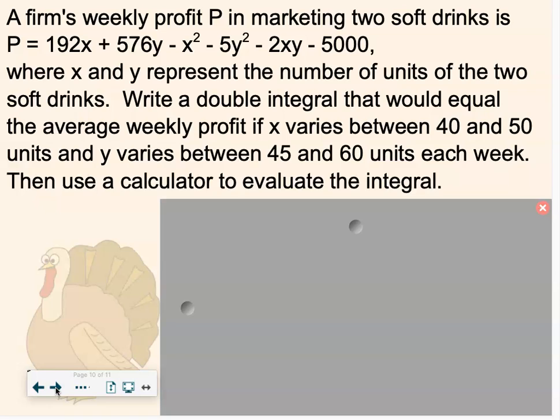Write a double integral that would equal the average weekly profit, right? So P is your weekly profit. We want to find the average weekly profit if X varies between 40 and 50 and Y varies between 45 and 60. So go ahead and take a minute and just set it up. You don't have to evaluate. Just do the setup.